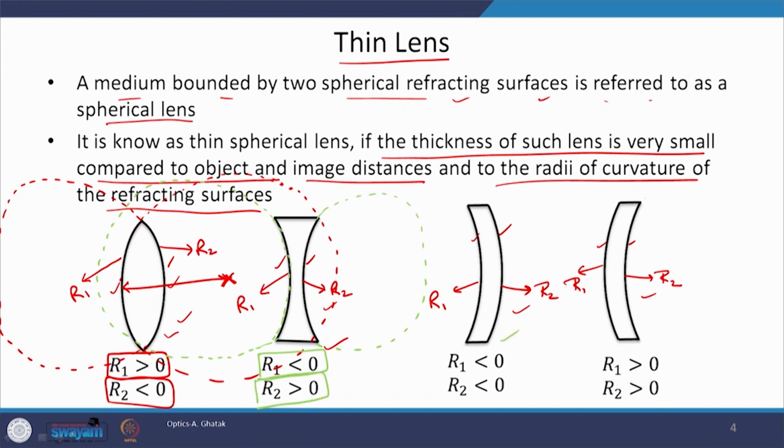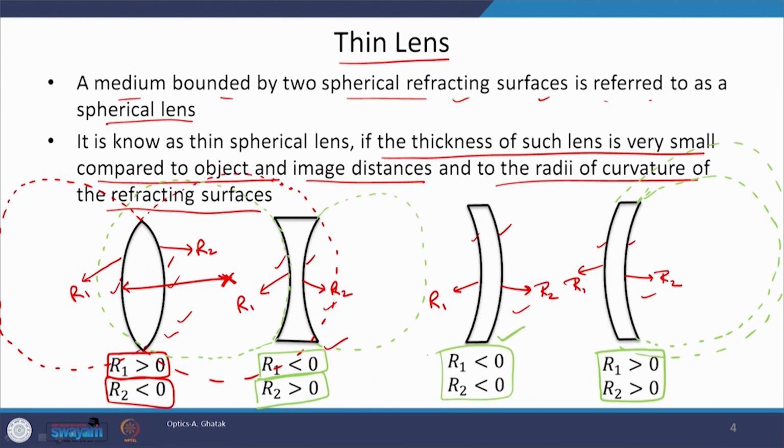Similarly, for this particular lens, you see that the first sphere is on the right hand side of the lens, and also the second sphere is on the right hand side of the lens. Both spheres are on the right hand side of the lens. Therefore, in this particular case, both R1 and R2 are positive, while in the third case, both R1 and R2 are negative.